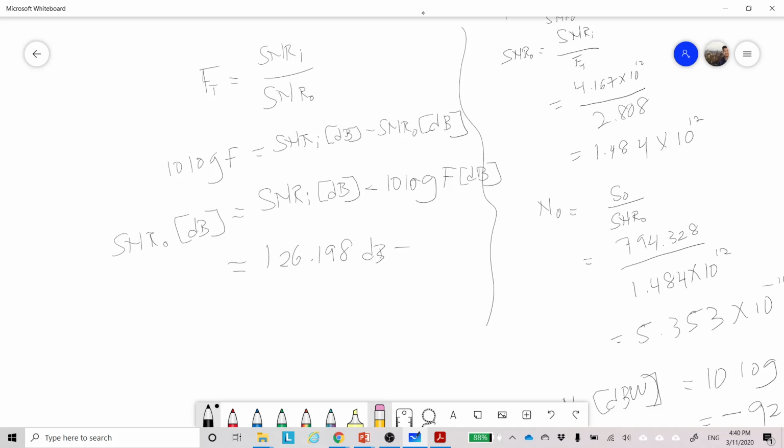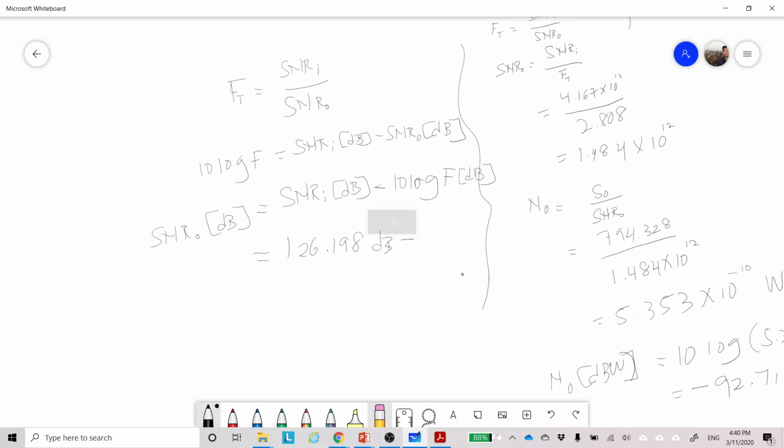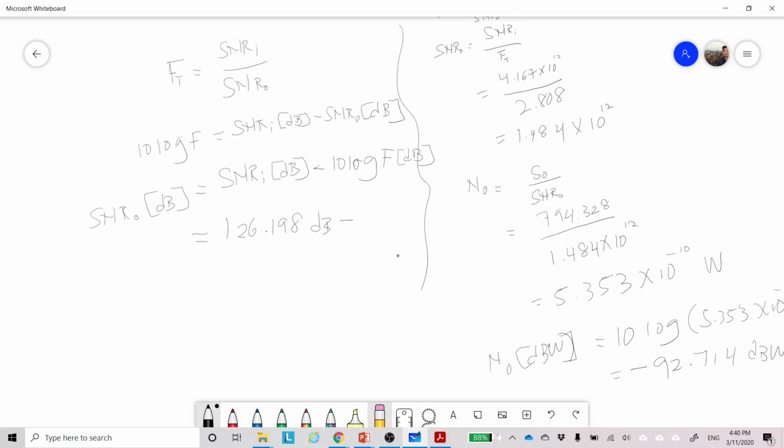Okay, 10 log F adalah 10 log 2.808. So ini dapat 126.198 dB tolakkan dengan 4.472 dB.